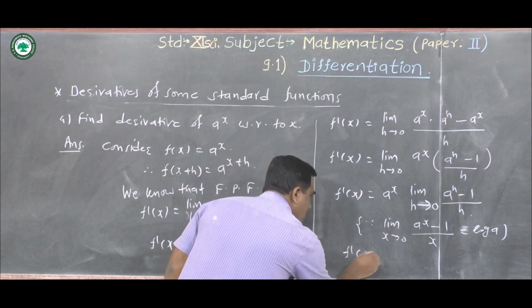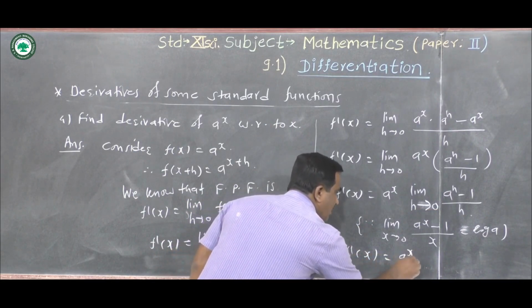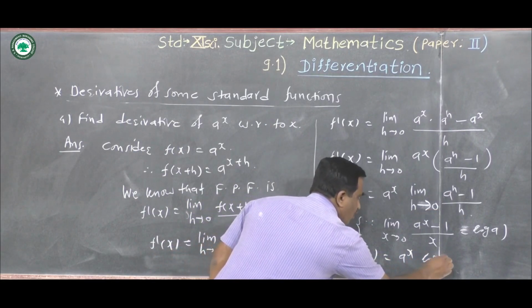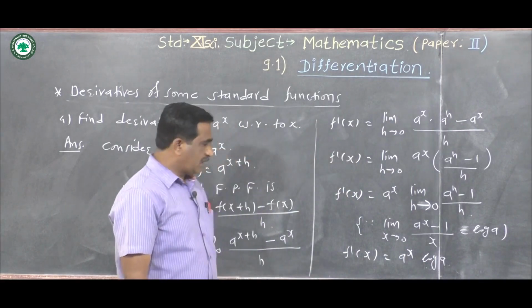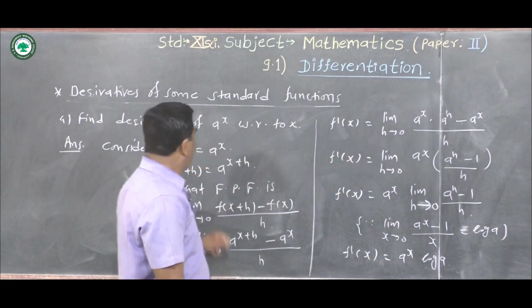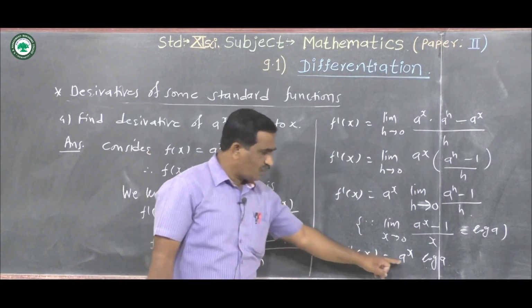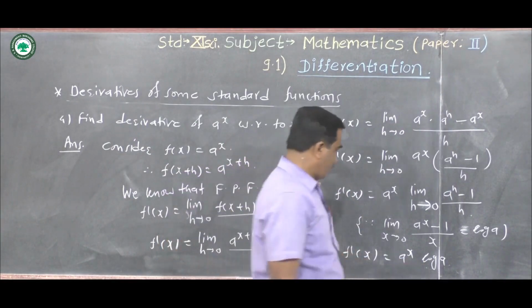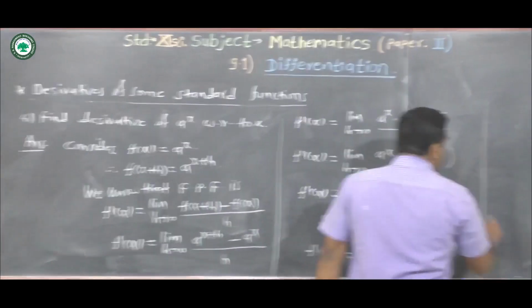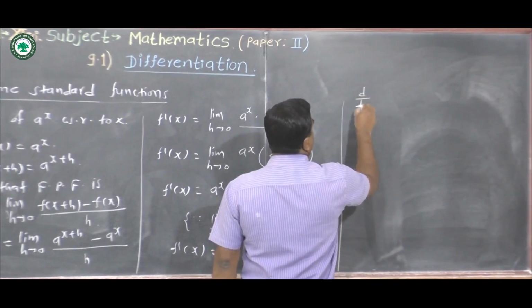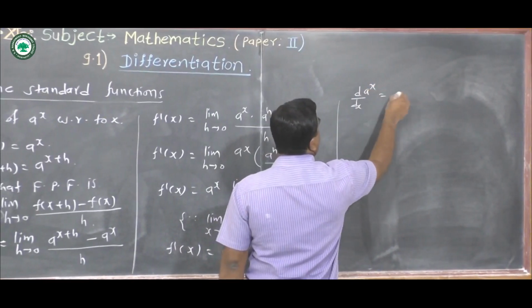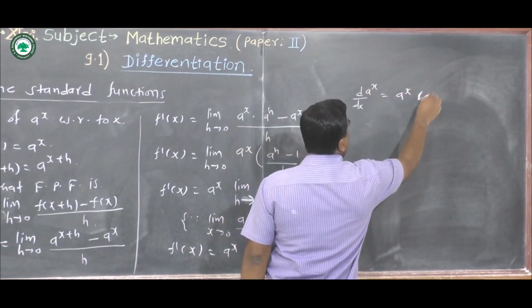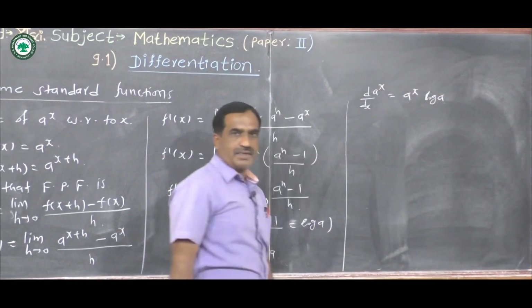Therefore we get f dash of x is equal to a raised to x into log a. That is, the derivative of the function a raised to x is a raised to x into log a. That is, dy dx of a raised to x is equal to a raised to x into log a.